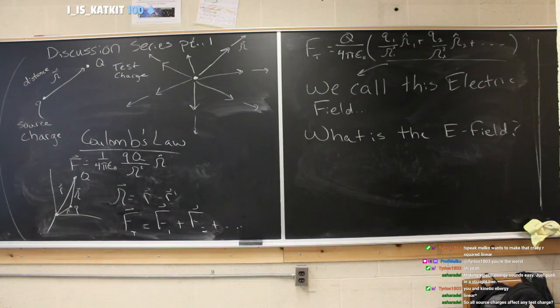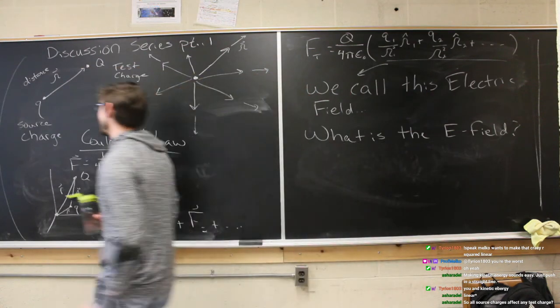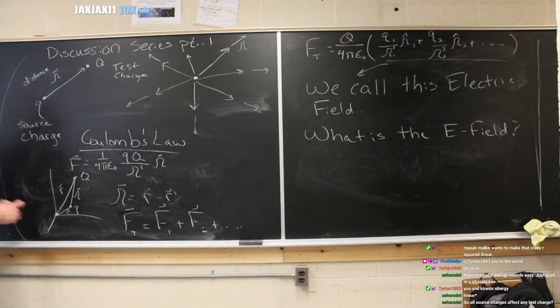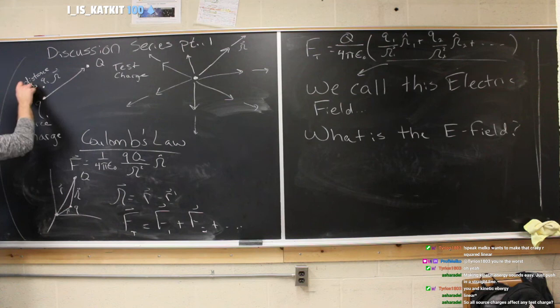So all source charges affect any test charge? Yeah, that's what superposition tells you, while everybody else is typing up their answers to what is the E field. You can consider a single charge, so imagine we had all of these charges here. So this is Q1, and we could do Q2, Q3, Q4, Q5, Q6.